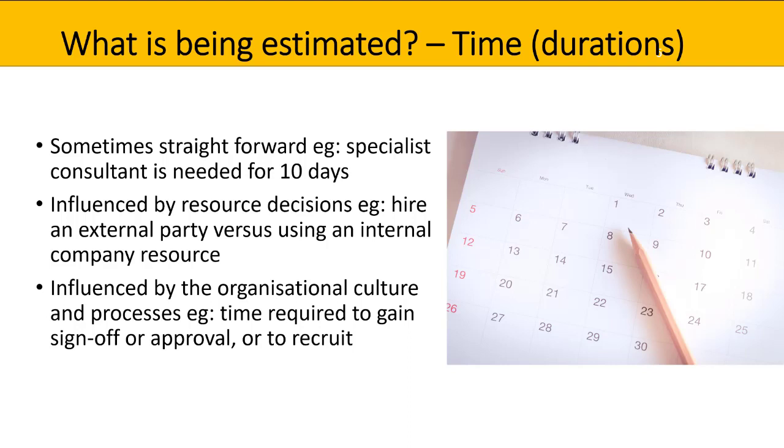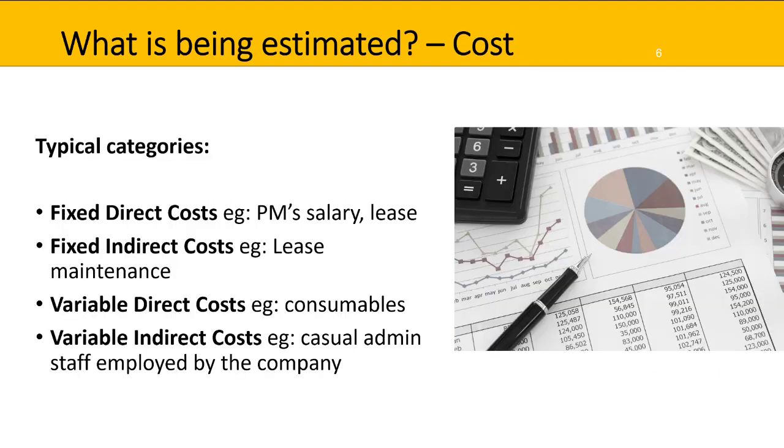If you need an external party, you may need to go through a procurement process or recruitment process versus just transferring an internal staff into your project. It can also be influenced by things such as the organization's culture and processes, such as the time required to gain sign-off or approval, or even to recruit. So using those policies and procedures could make a difference to the time needed and your estimations.